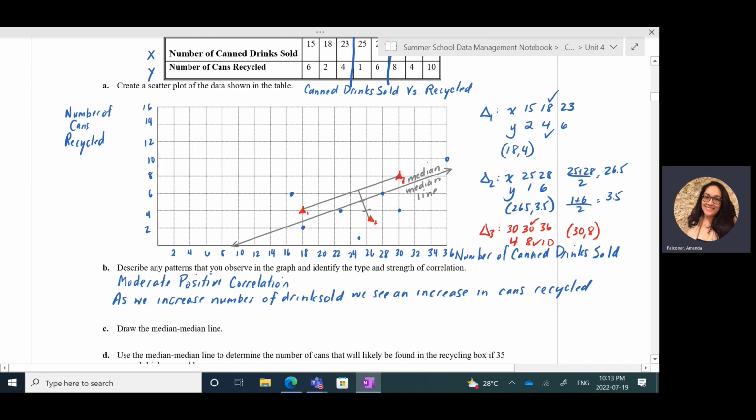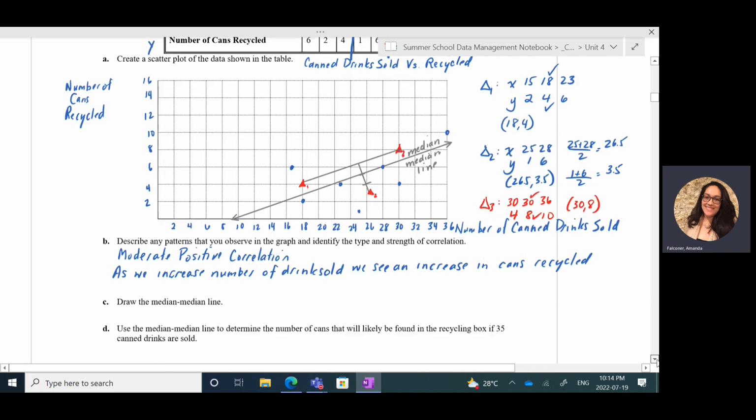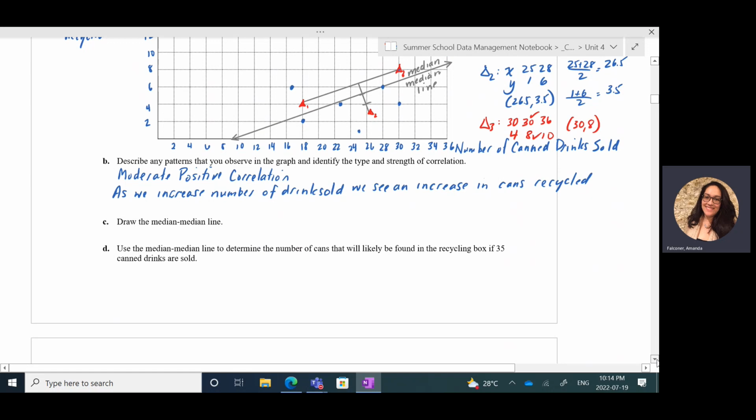That's how we draw in a median line, showing all of this work: 1, 2, 3 marks, showing the delta 3s, and then a 4th mark maybe, to draw in that line correctly. So use the median line to determine the number of cans that will likely be found in the recycling box if 35 canned drinks are sold.